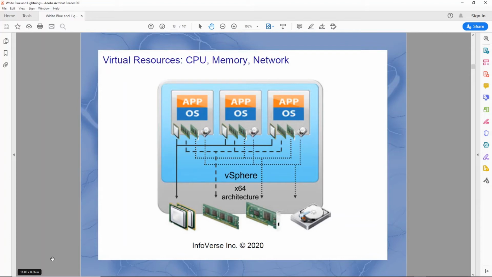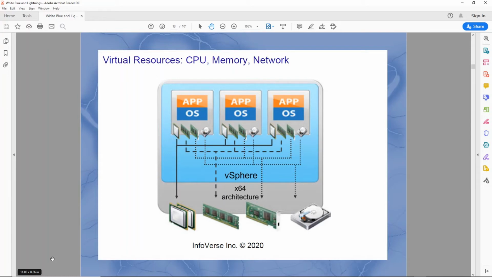When we talk about the virtual resources, they include CPU, memory, network, and storage. And as shown in this picture, you have the actual hardware components, including CPU, memory, network, and storage, which are on the ESXi hardware host. And then once we deploy these virtual machines, as shown in this picture, we have 3 virtual machines.